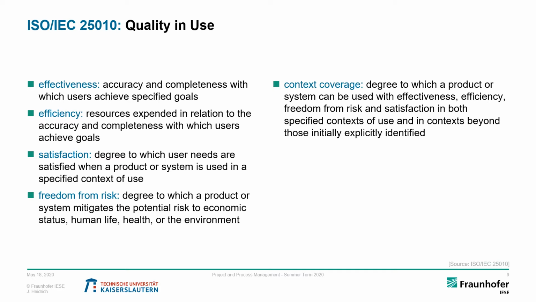So that was the quick overview on the high level of this model. As I said in the beginning, only a few of them we will go into more details. We already went into some more details regarding reliability and maintainability.